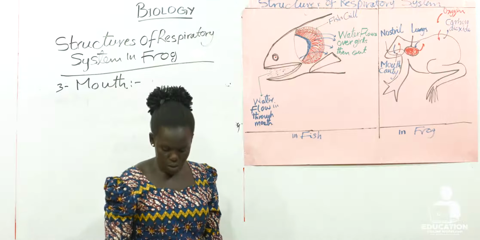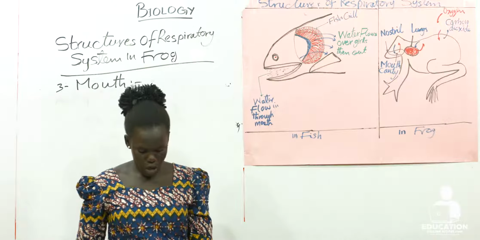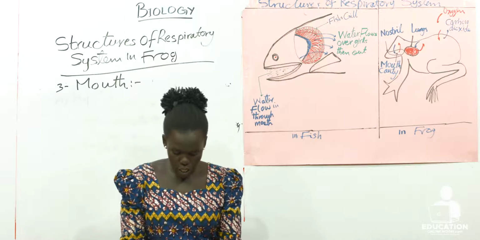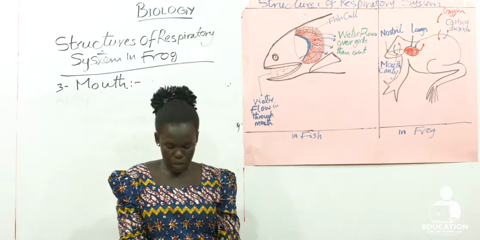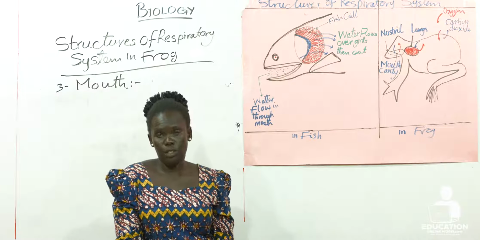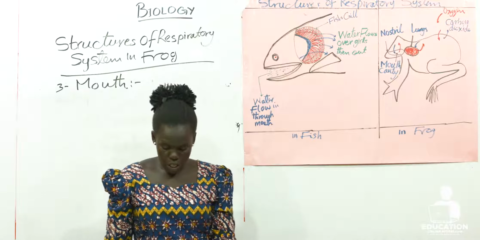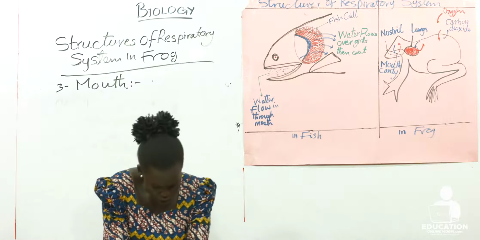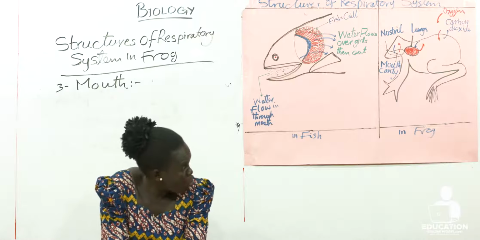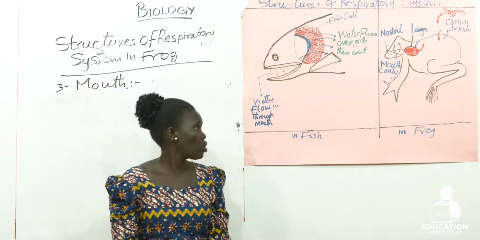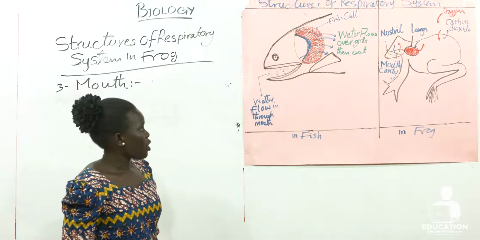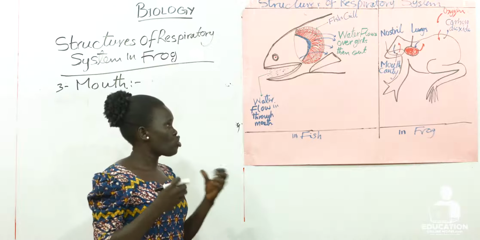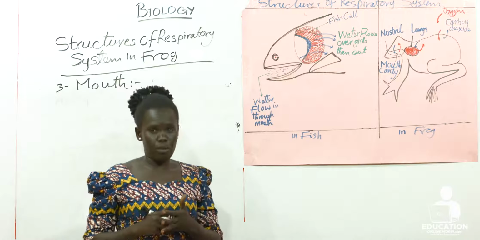So the floor of its mouth is lowered, causing the throat to expand. Then the nostrils open to allow air to enter the mouth. Then the nostrils close and the air in the mouth is forced into the lungs by the contraction of the floor of the mouth. That means this is how the air is drawn into the body of the frog.